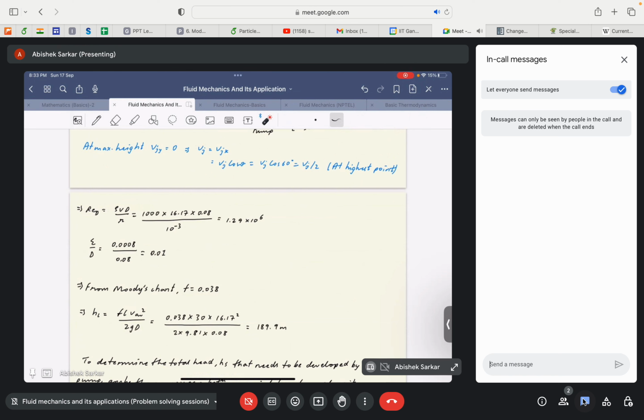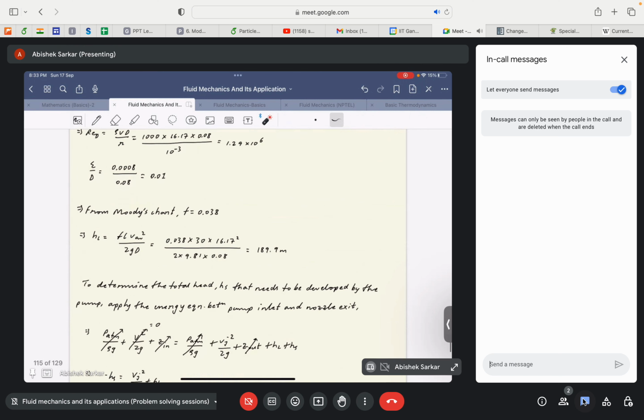Then we substitute the value of f in this equation, and we get that the head loss would be equal to 189.9 meter. In order to determine the total head loss, an additional head Hs needs to be developed by the pump so that the flow can overcome the viscous stresses, right?